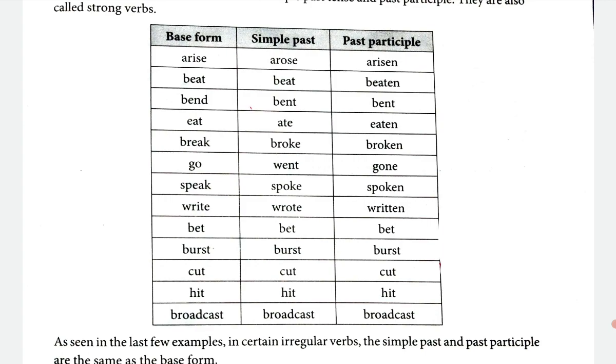Eat, ate, eaten. Break, broke, broken. Go, went, gone. Speak, spoke, spoken. Write, wrote, written. Bet, bet, bet. Three with the same form. Burst, burst, burst. Cut, cut, cut. Hit, hit, hit. Broadcast, broadcast, broadcast.